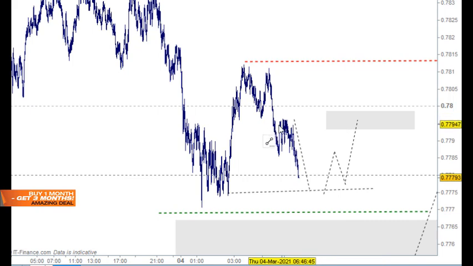Which will come back to in here somewhere, that's the block in there, in that consolidation. And then come down again from that point.